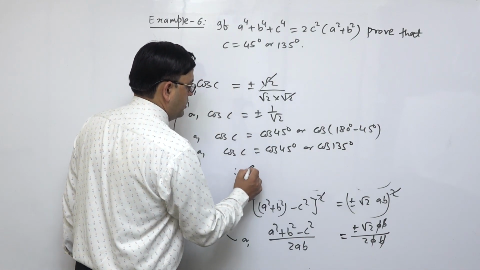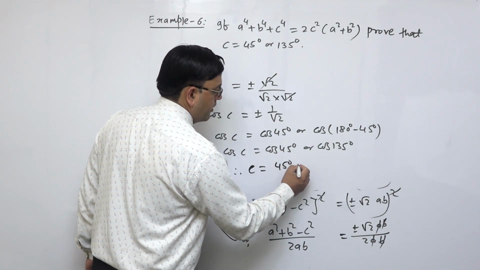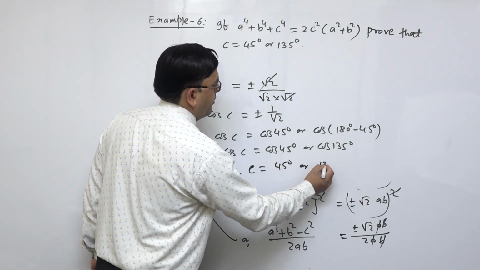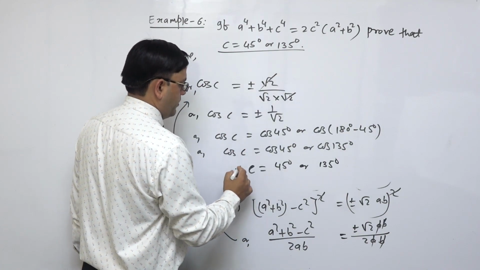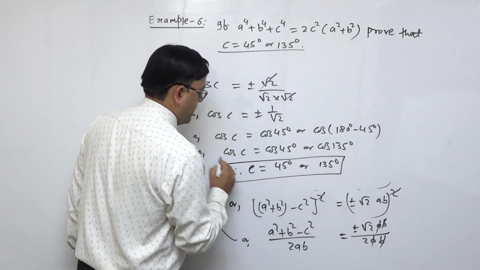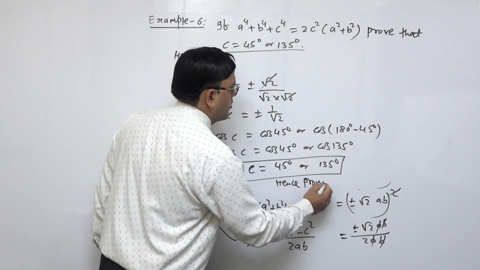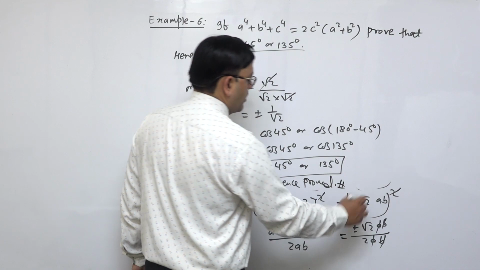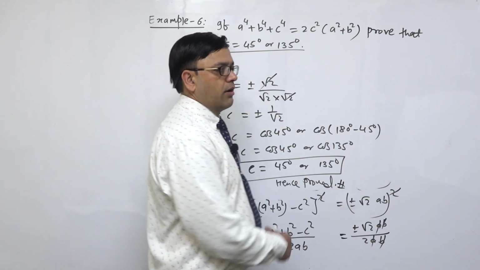Therefore C is equal to 45 degree or 135 degree. Here this one is to prove, so we prove this one, hence proved. In this way we solve this question. This is also a little different type of question we solved.